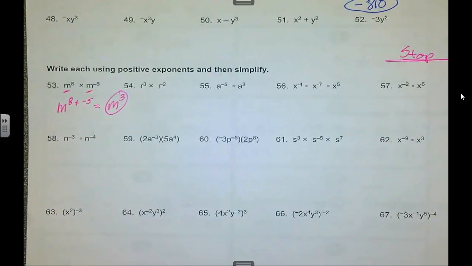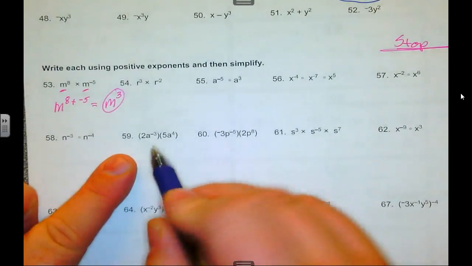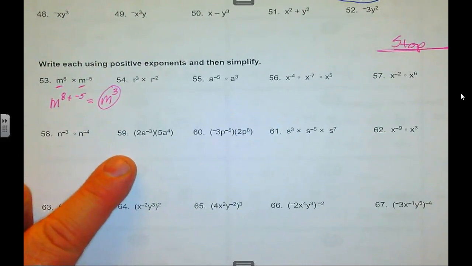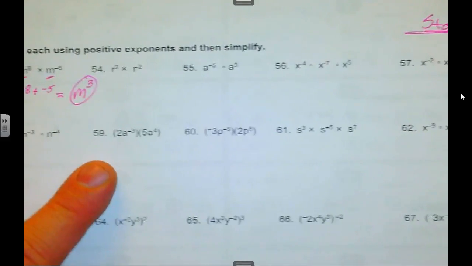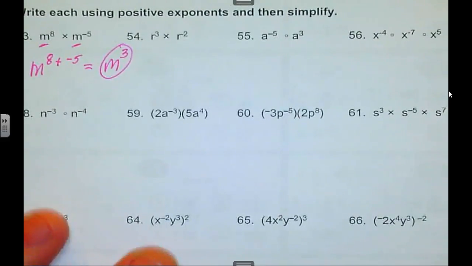How about 59? What do I do with the coefficients?